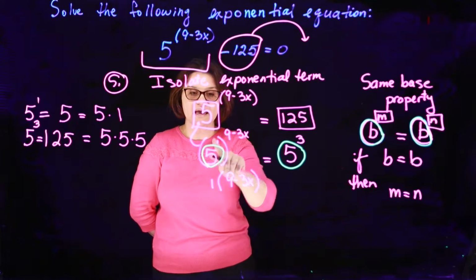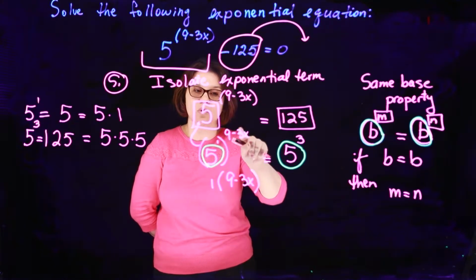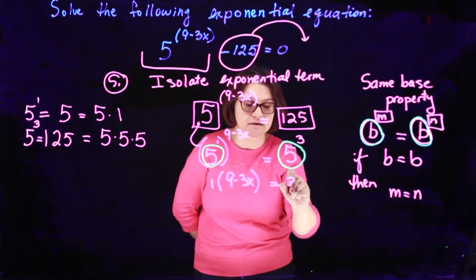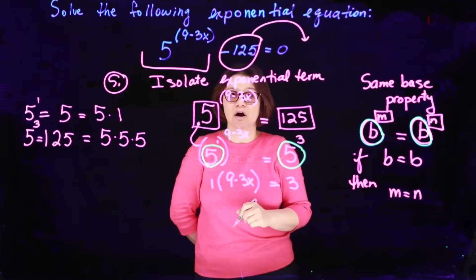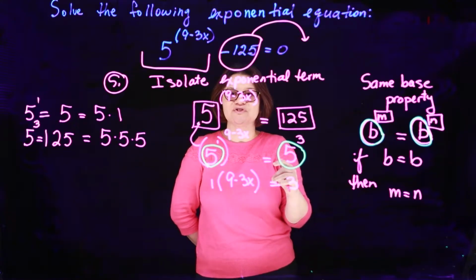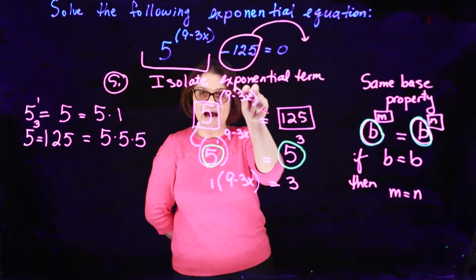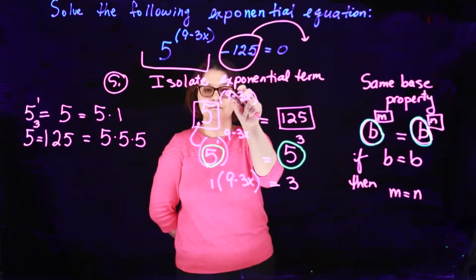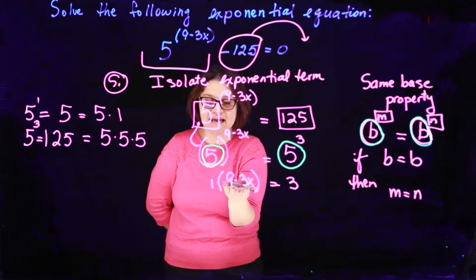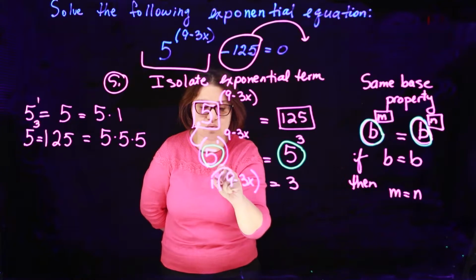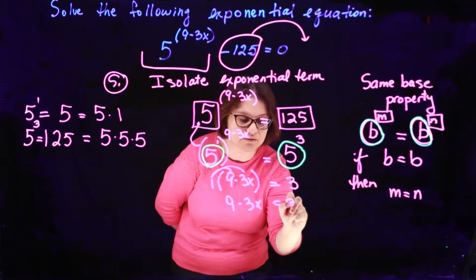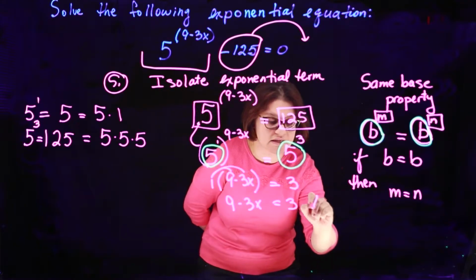Remember, when we have one base raised to two exponents, we multiply the exponents. Remember our goal? Our goal was to remove the power, 9 minus 3x, so it is no longer a power. Now 9 minus 3x is not a power any longer. When we distribute a 1, we'll have 9 minus 3x equals 3, and this becomes our linear equation.